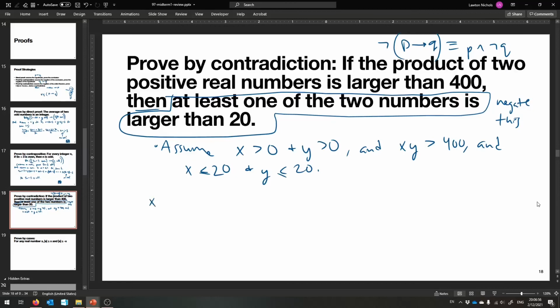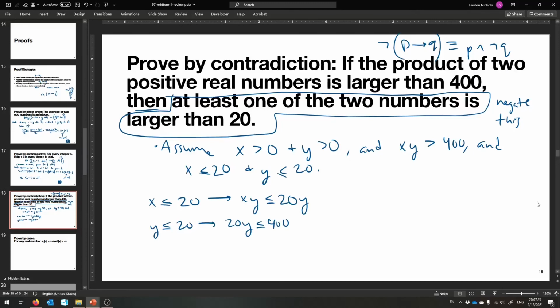So you can totally do that. x is less than or equal to 20. If we multiply that by y on both sides, we get xy is less than or equal to 20y. That's useful. And then we can multiply this by 20, because then we can have 20y on the left and something else on the right. So with that, we also have y is less than or equal to 20. We can get from that, by multiplying both sides by 20, 20y is less than or equal to 400.